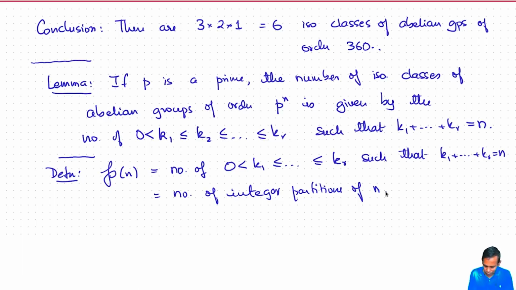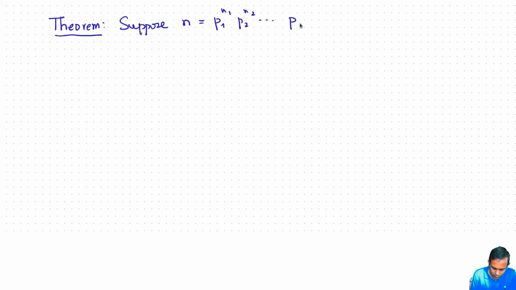So now for the final result, I'll write it as a theorem. Suppose n is a positive integer of the form p1 to the n1, p2 to the n2, up to pr to the nr, and this is the factorization into prime numbers.